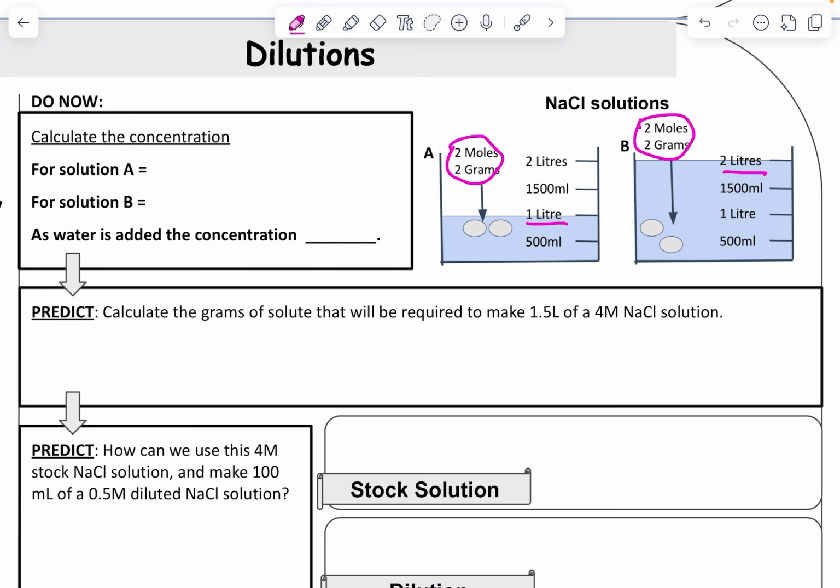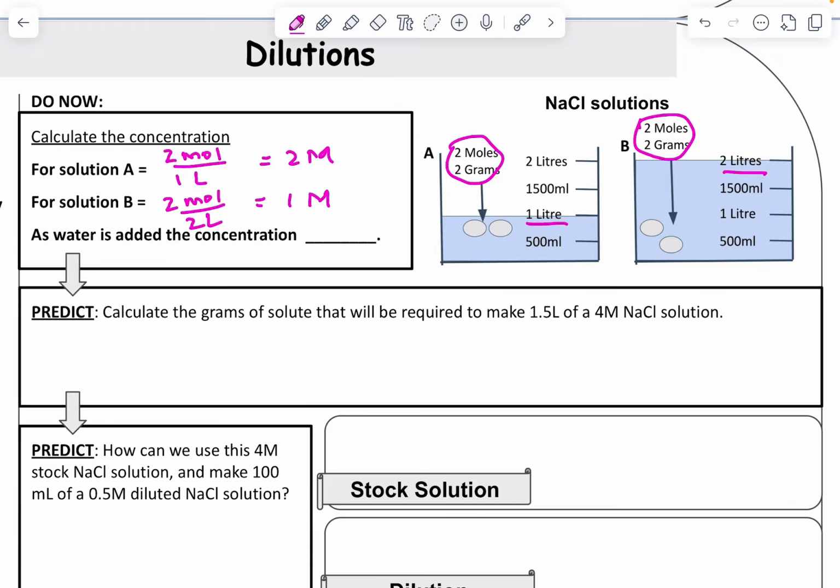So if you go ahead and calculate the concentration here, molarity is equal to the moles of solute over the liters of solution. So for solution A, we have 2 moles per 1 liter of the solution. That gives us a 2 molar solution. And in the second one, you've got 2 moles of the solute per 2 liters of the solution, and that gives you a 1 molar solution.